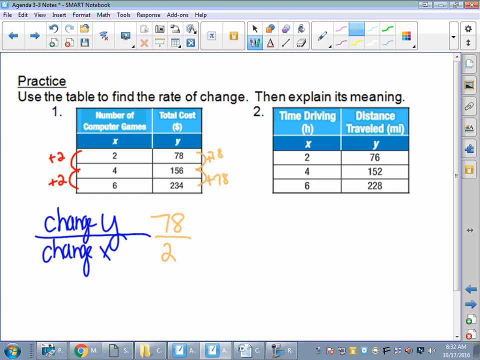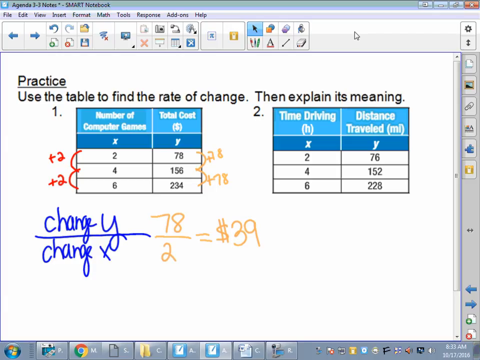Notice my change in y, my pattern, plus 78 over my change in x, which is the pattern 2. So what would be a rate of change for just 1 computer game? So $39 is the rate of change. You pay $39 more for every game you buy. Does that make sense to everybody?